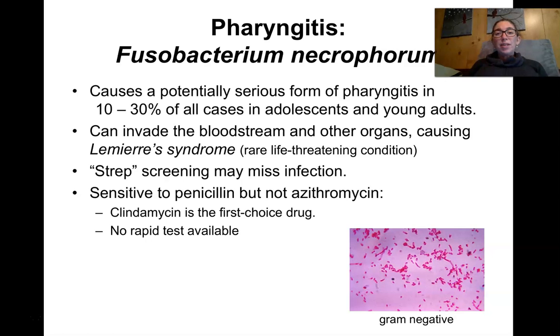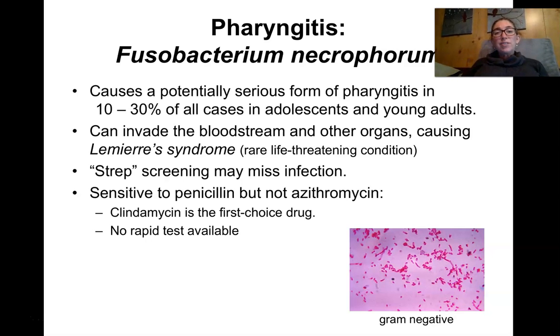The problem with it is that there's a serious sequela. It can enter the bloodstream and spread to other organs and cause disease of these other organs. That's called Lemierre's syndrome, which is a really life-threatening condition because it's attacking multiple organ systems.